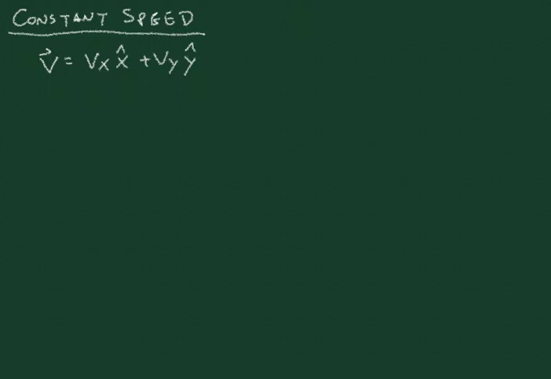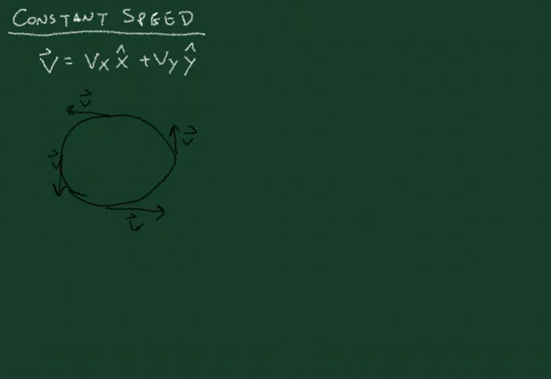An example of this would be something like uniform circular motion, which we talked about back in the calculus unit. So we said that we have this velocity that's always the same magnitude v. But now in this case, notice that the velocity is actually pointing in a different direction each time.